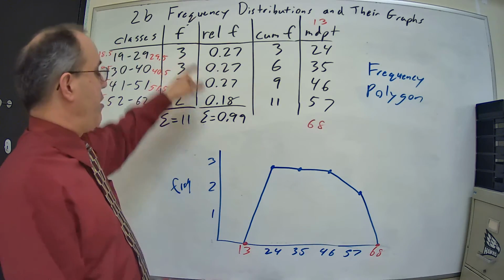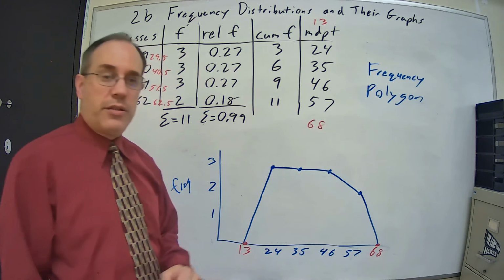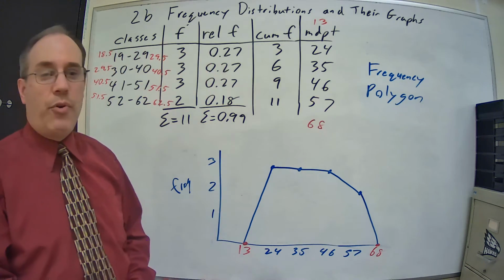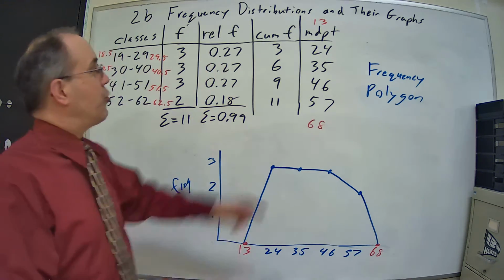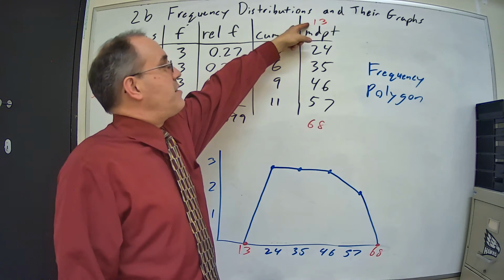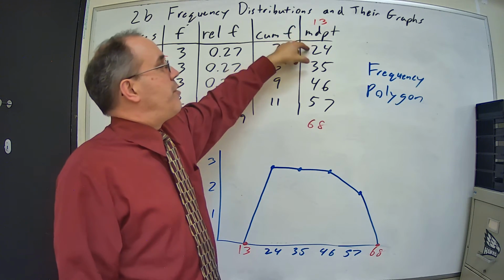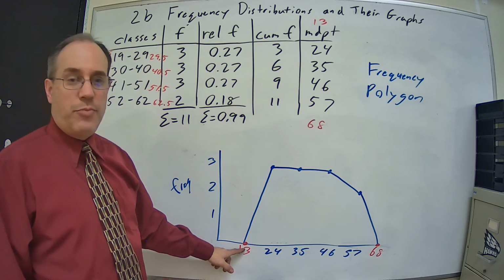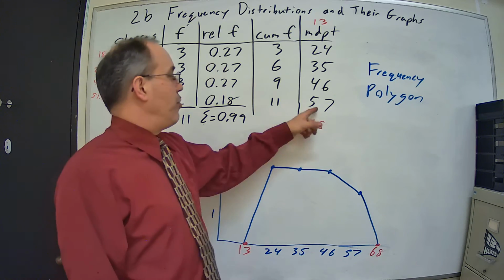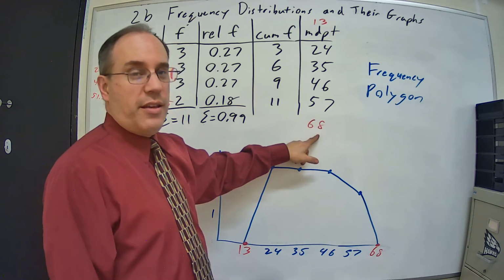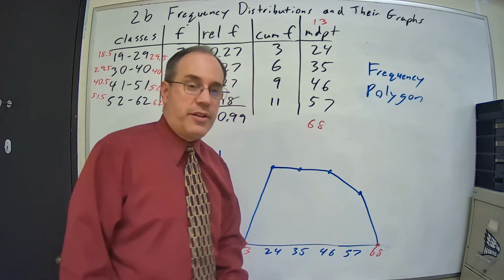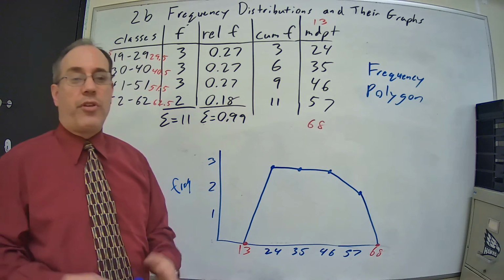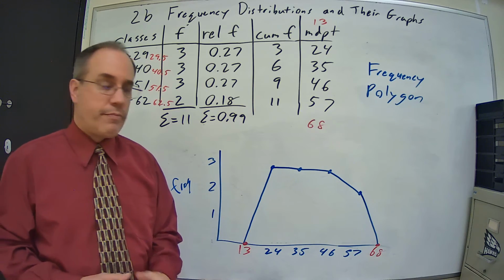We then plotted our frequencies versus our midpoints, connected the dots, and then said, okay, well now we need to get it down to the x-axis, so we went back one class, subtracted our class width from the midpoint, and got the midpoint of the class before it, and we knew the frequency there had to be 0, and then we went one class beyond it, and we knew the frequencies there had to be 0, and connected them down to the x-axis, and we came out with our frequency polygon.